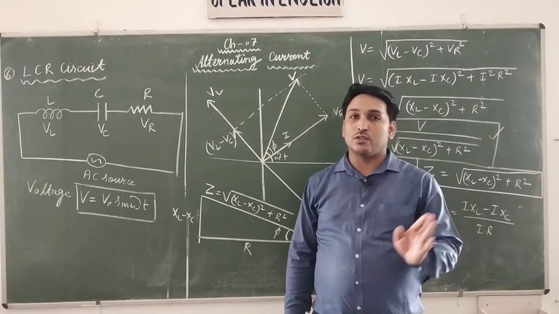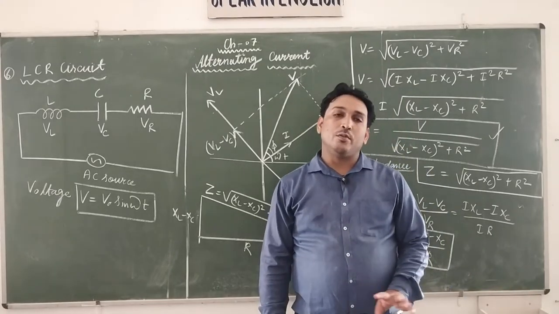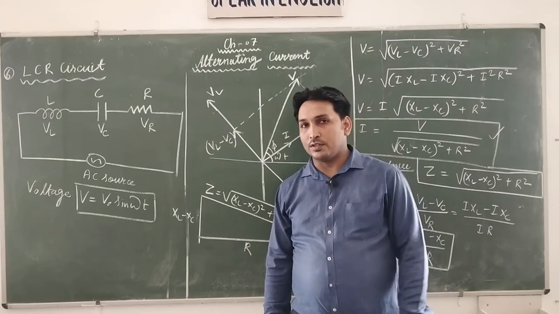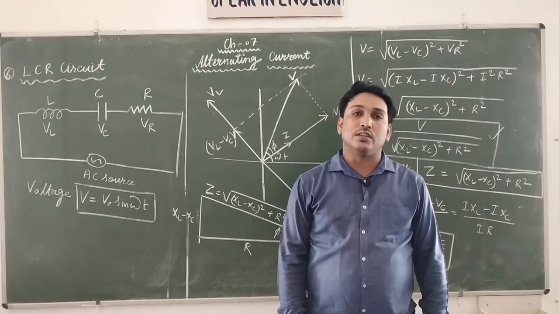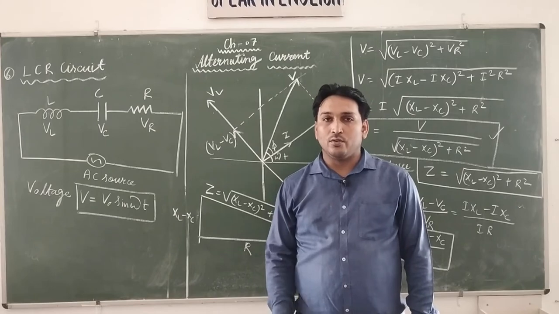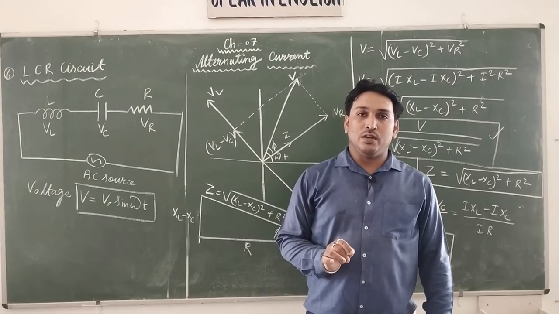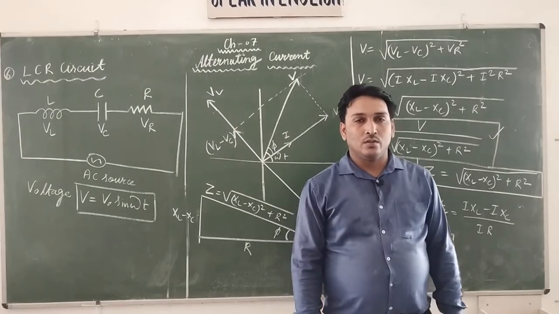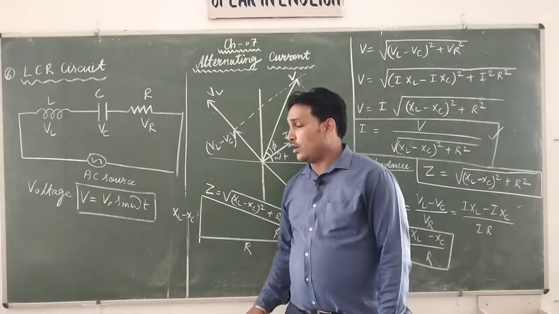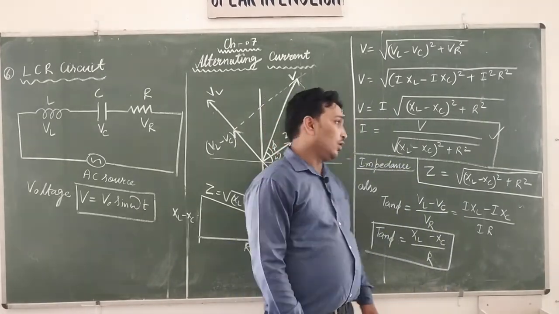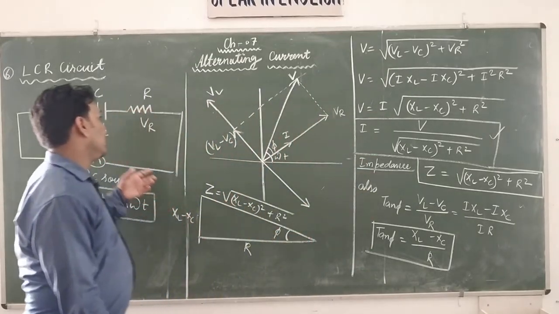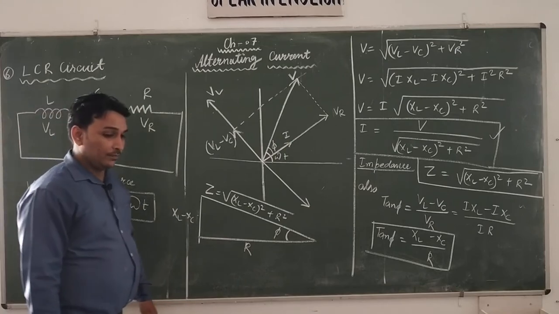If you directly watch lecture number 5, you will not be able to understand a single concept. Maybe you can understand the words, but not the concept. You have to start right from chapter number 1 and then watch all the lectures in sequence. Moreover, in the next video lecture, we will start with this and explore this LCR circuit more.